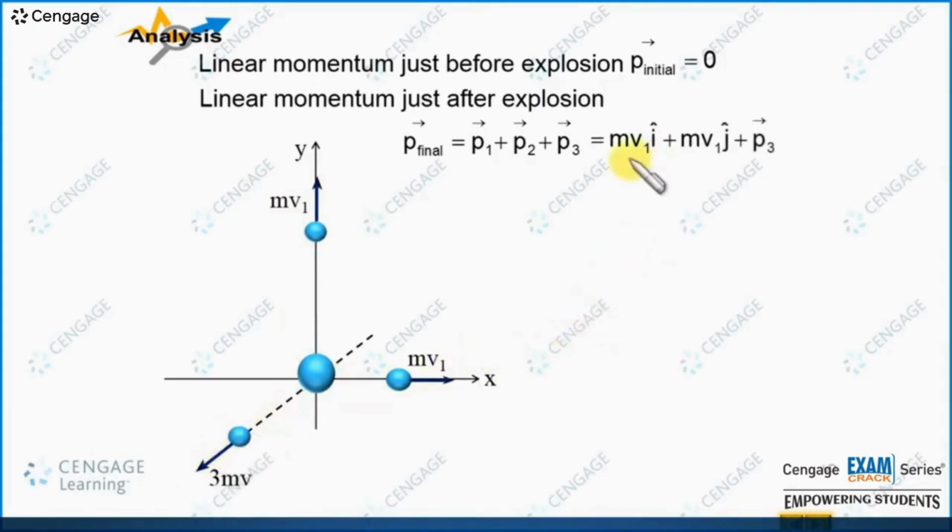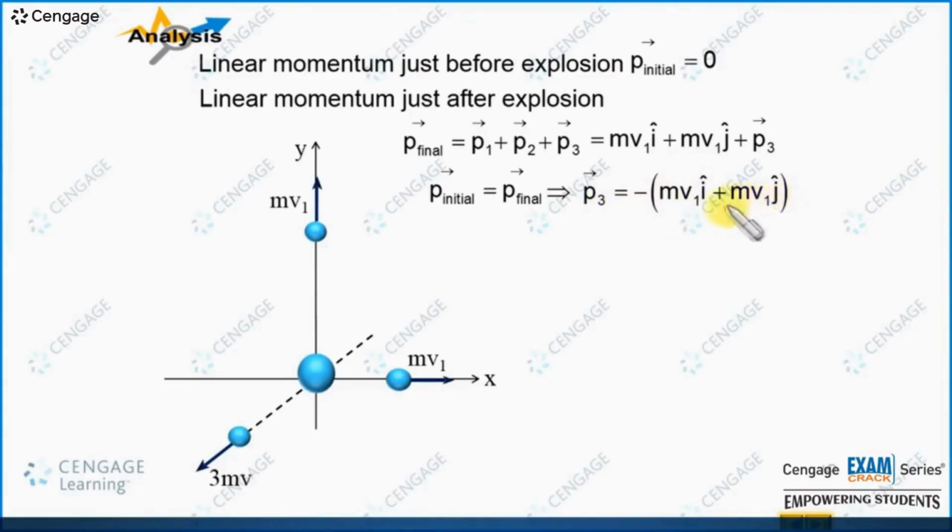So let us write m v1 i cap plus m v1 j cap plus P3 vector for the unknown one. As we know, this body initially has 0 linear momentum. That means P initial should be equal to P final, so this value should be equated to 0, right? From this equation, we can write P3 equal to minus m v1 i cap minus m v1 j cap.